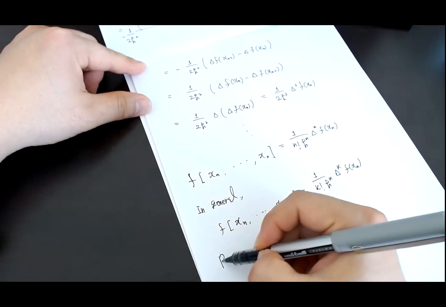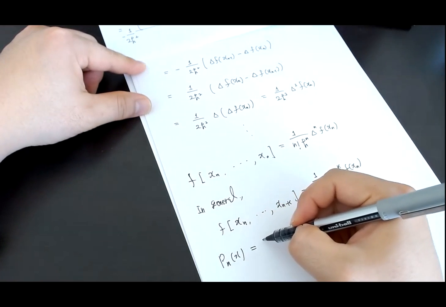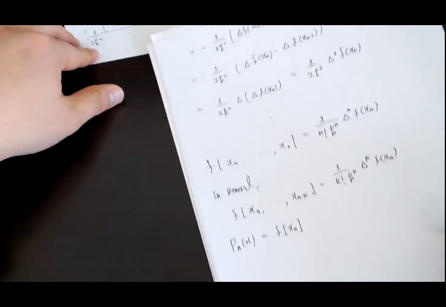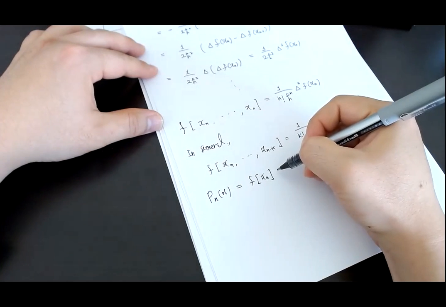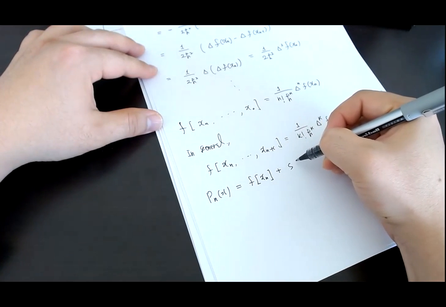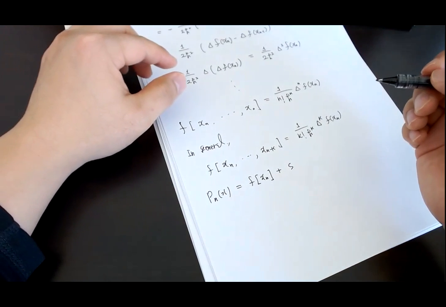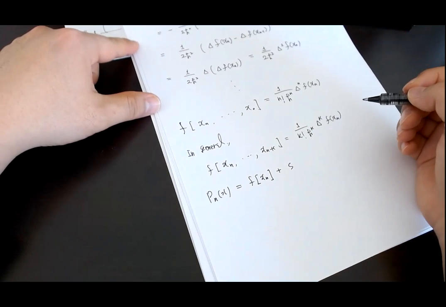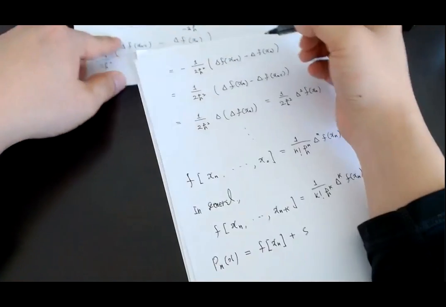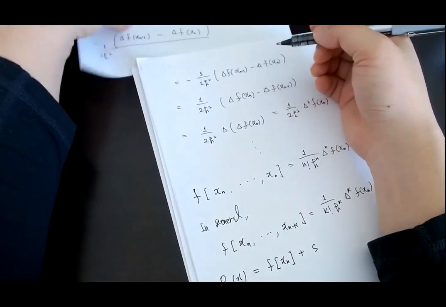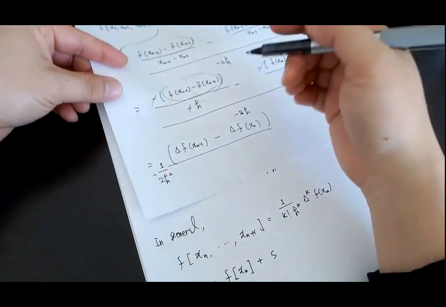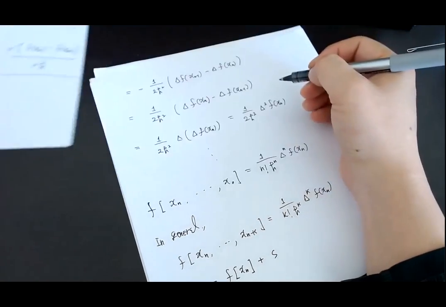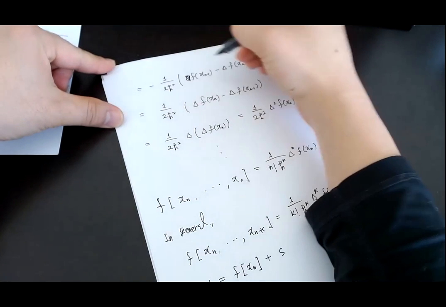So then P_n of x can be expressed like this: f of x_n plus s times, what? Yeah, this is delta, right? Oh, sorry. Today I was really confused about nabla and delta. This is nabla.